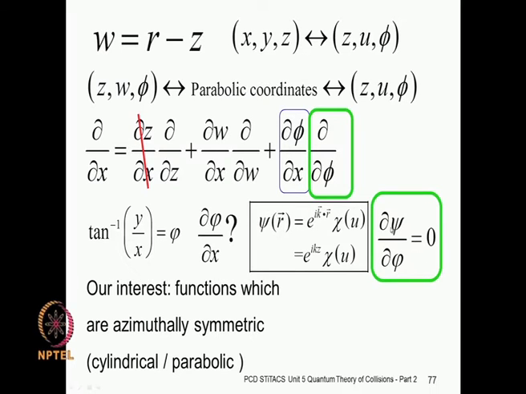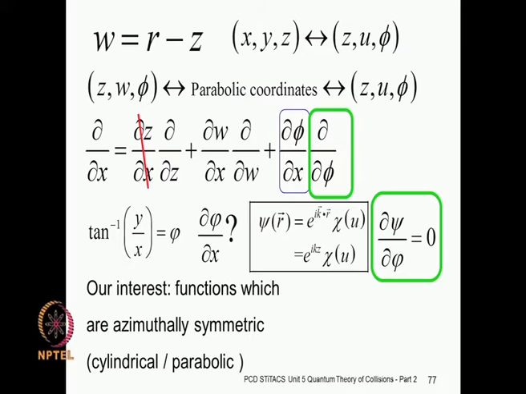So the wave function will be independent of phi because of this azimuthal symmetry, and this term, because this is in any case an operator, is not going to operate on an arbitrary function of space. It is intended eventually to operate on the wave function for a system which has got an inbuilt symmetry, and this inbuilt symmetry of the Coulomb interaction is of central interest to us.